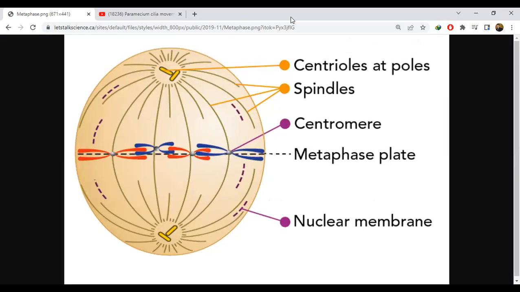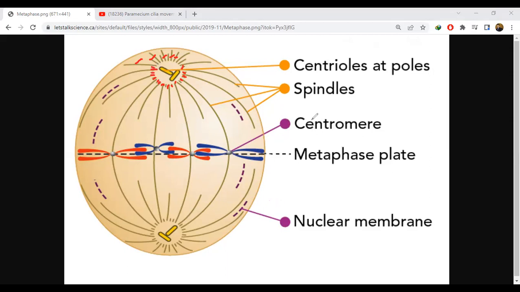In this one, these small microtubules, the star-like ones, are called asters.